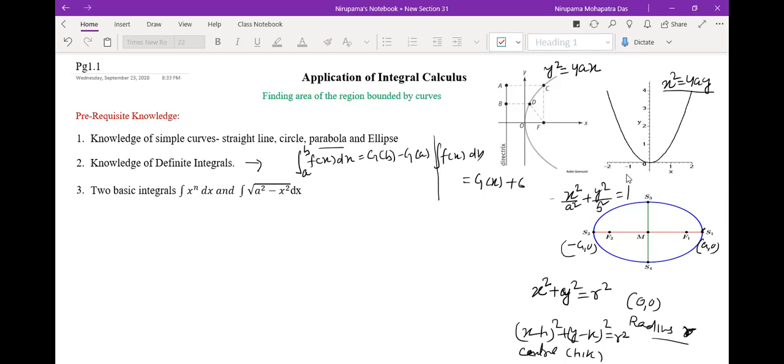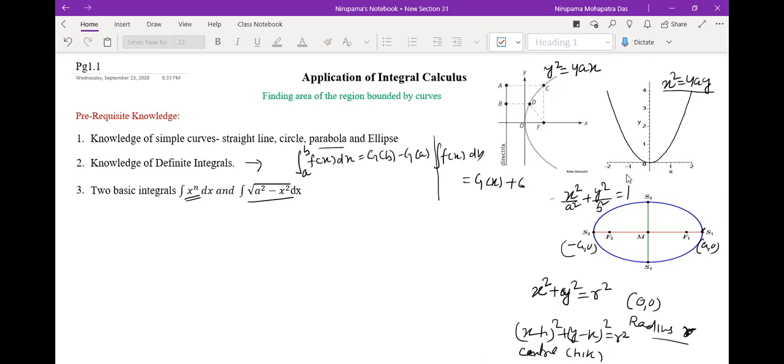And we need two basic integral formulas: the integral of x to the power n dx, and the integral of under root a square minus x square dx. With these minimum requirements, we can study this topic and solve every question. From that point of view, this topic is very interesting and very exciting.